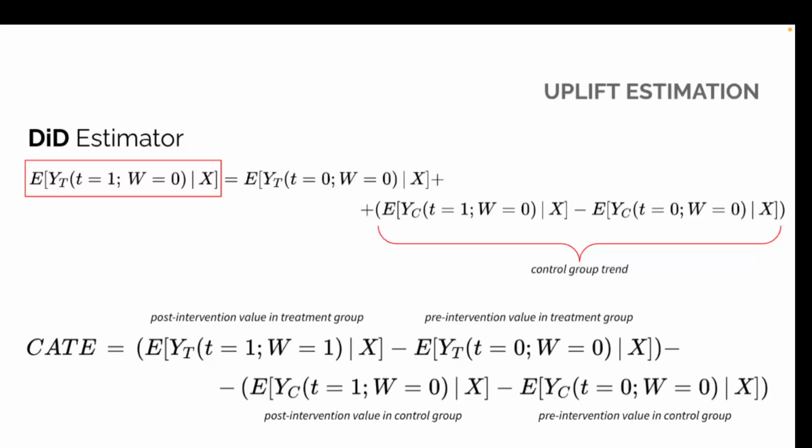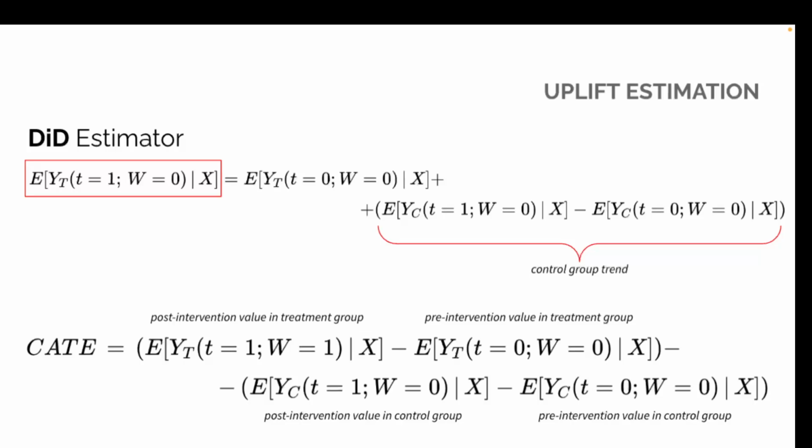So let's explain this in detail. The one in the box is, again, our counterfactual term. That's not observable. The DID approximation says let's approximate this counterfactual with these two terms. Let's talk about the first term. Can you read what the first term is, based on these notations?